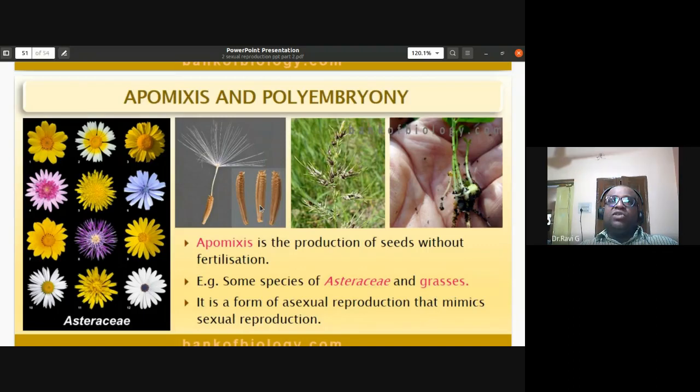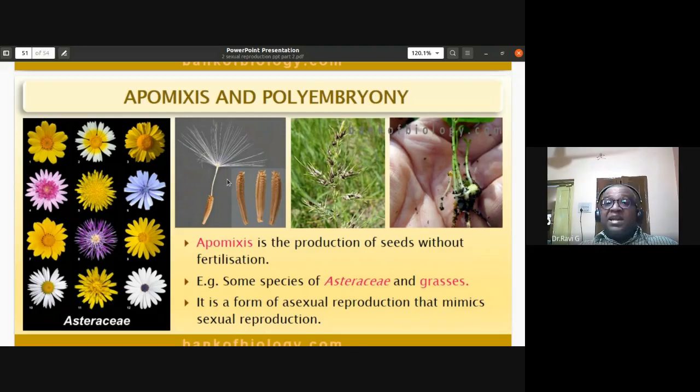Apomixis is the production of seeds without fertilization. Formation of fruits without fertilization is parthenocarpy. Formation of seeds without fertilization, we call it apomixis. So you can see this apomixis in the Asteraceae family: sunflower, chrysanthemum, Tridax.